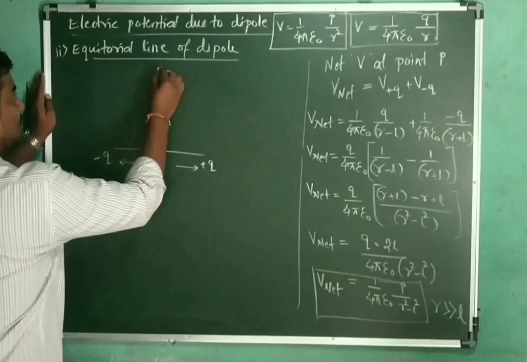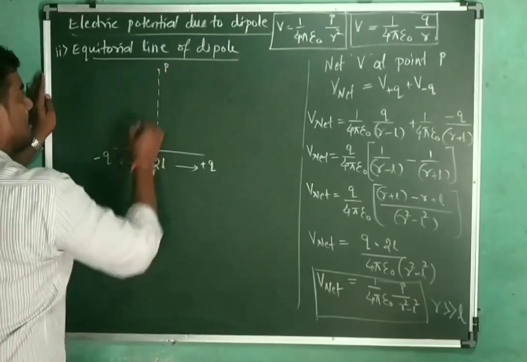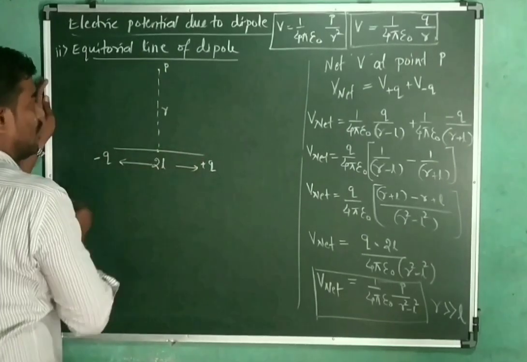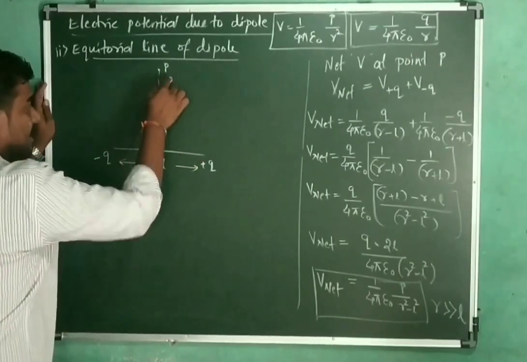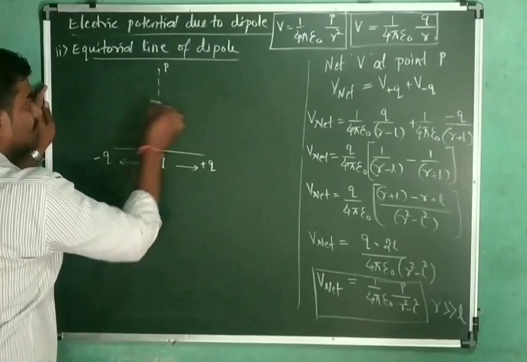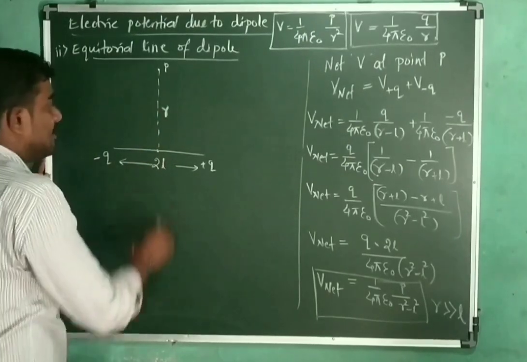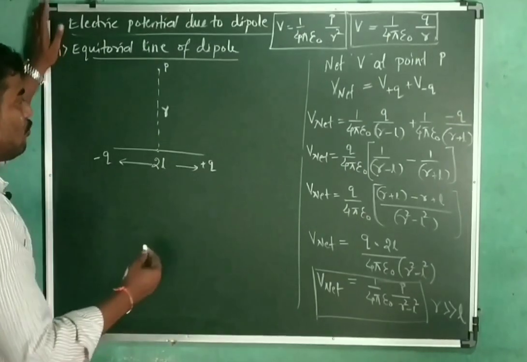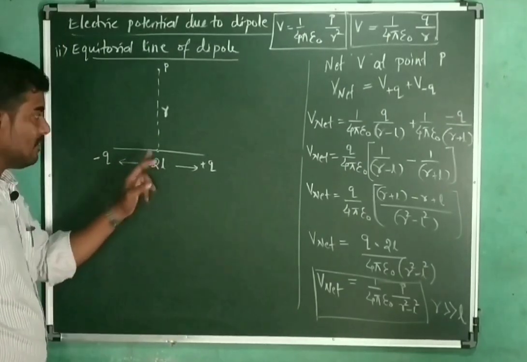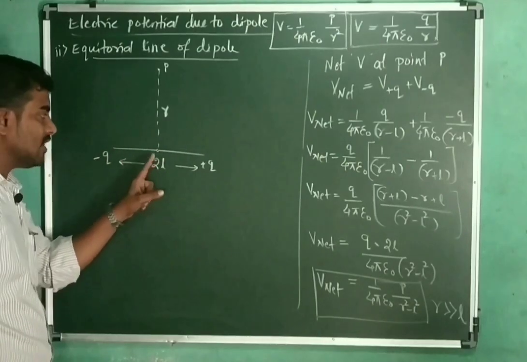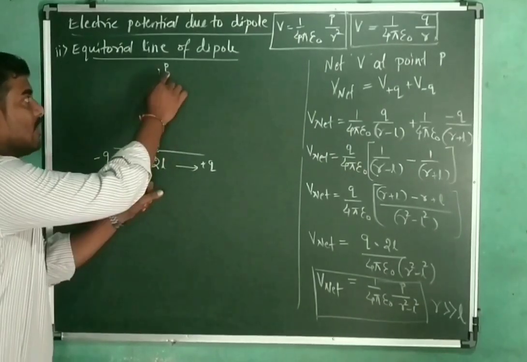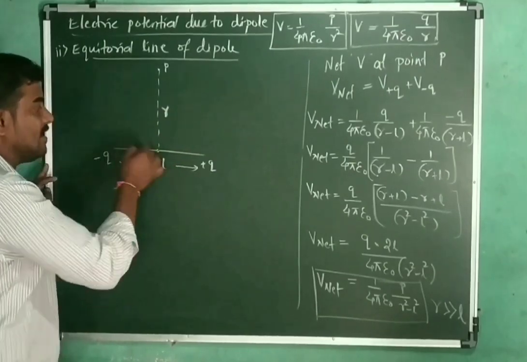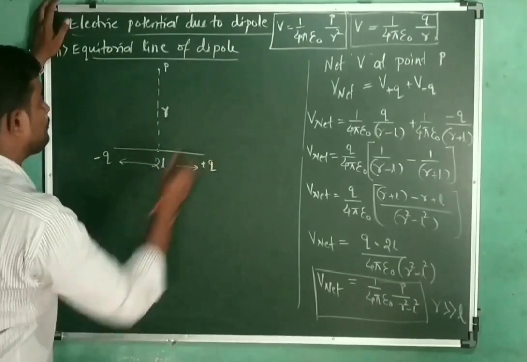Let us consider this point as P. At point P, we are supposed to calculate electric potential due to minus q and plus q, and this point P is at a distance of r from the center of dipole. We have considered the distance from the center of the dipole only, to make the derivation easy; in the axial line also we considered the distance r from the center of dipole, and here also it is from the center of dipole.